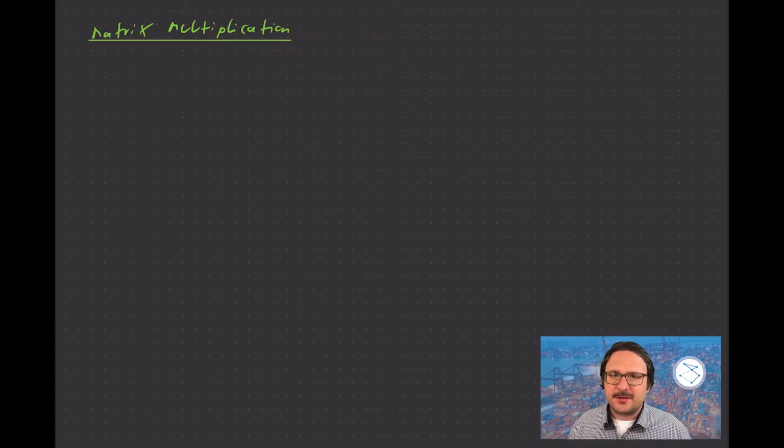Again, the idea is we will introduce a new operation on matrices. We already have the addition and we have the multiplication with a scalar, and now we're going to introduce the multiplication of two matrices of the correct sizes.